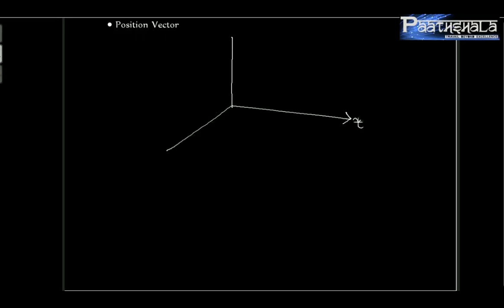So these are my x, y and z coordinate axes, and this is a point in space, a random point in space P. The vector that is drawn from the origin and joins the origin to the point P, having its head at the point P and tail at the origin, is called the position vector.